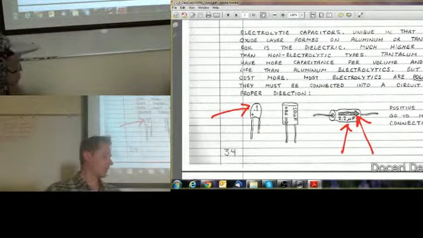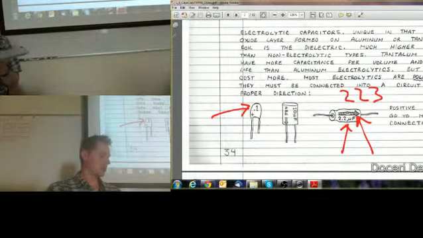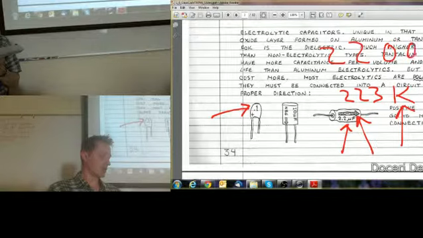Okay, and there's a code for those. Usually the code will say like 223, and then usually there'll be a K. The K is the tolerance, and 223 means 2 with 3 zeros, and the answer is always in picofarads.